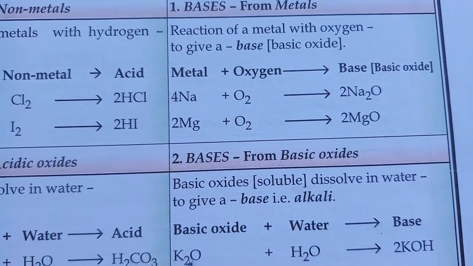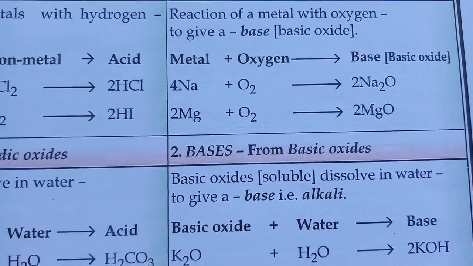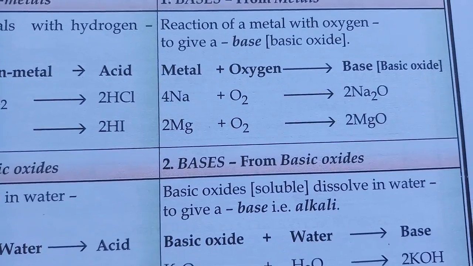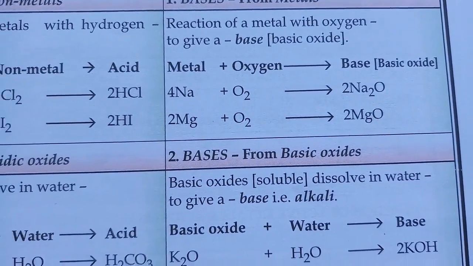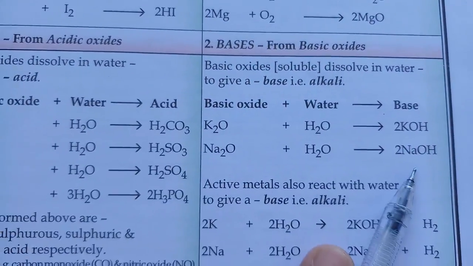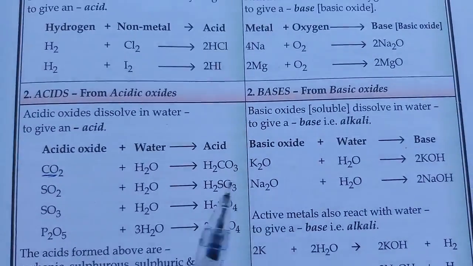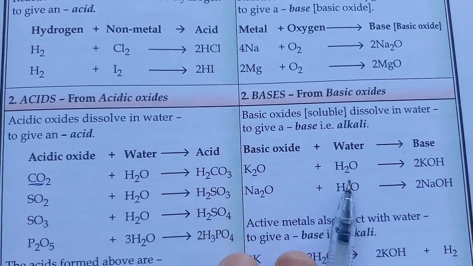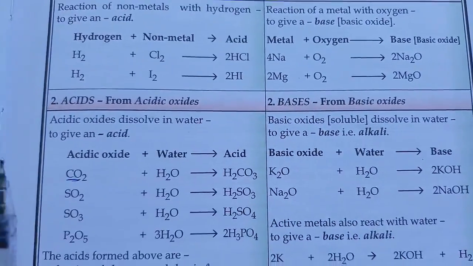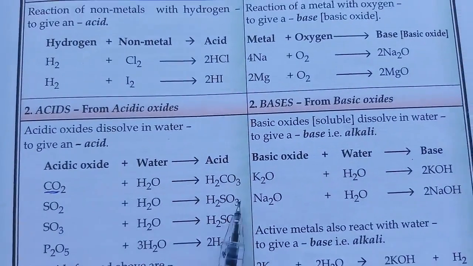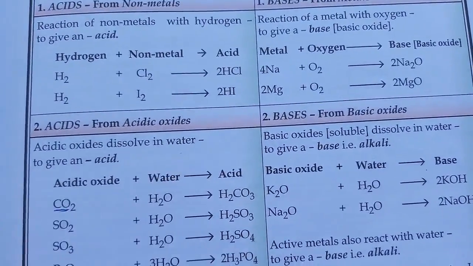So K2O, potassium oxide, and Na2O, sodium oxide, react with water and give you base. So we call them basic oxides. When a basic oxide reacts with water, it gives you base; an acidic oxide reacts with water, it gives you acid. So this is the preparation of acids and bases, right?